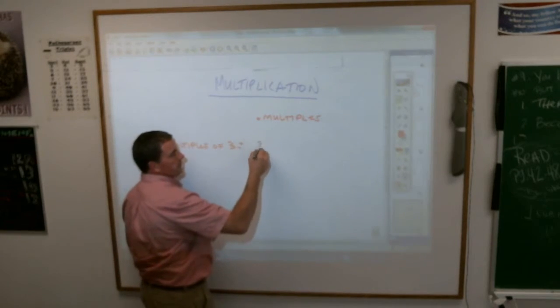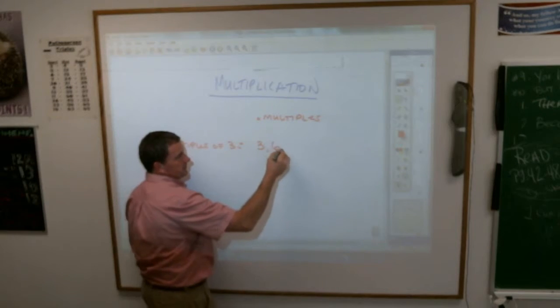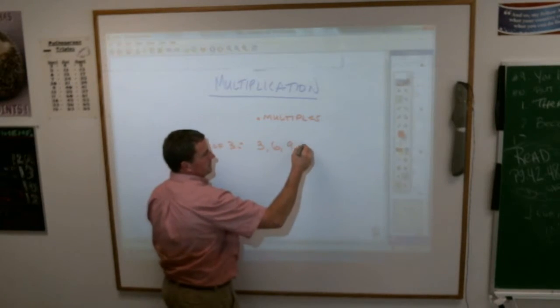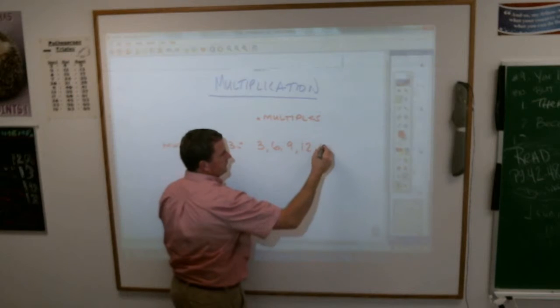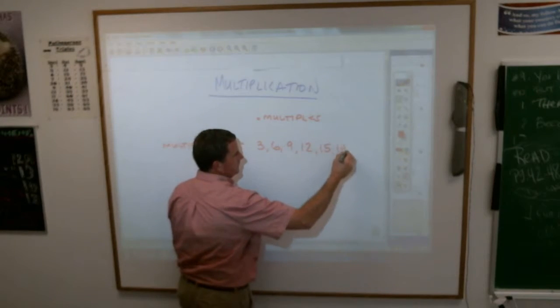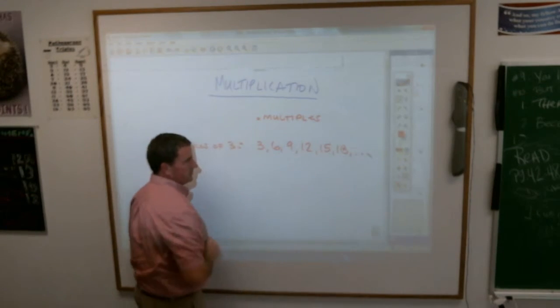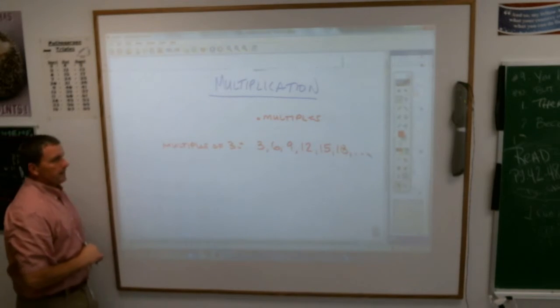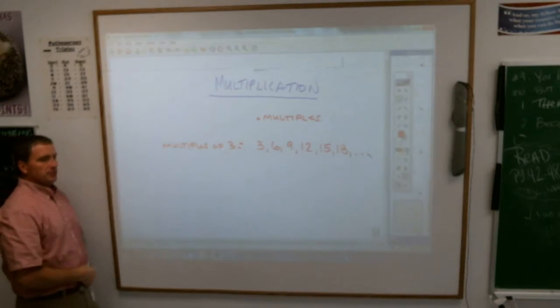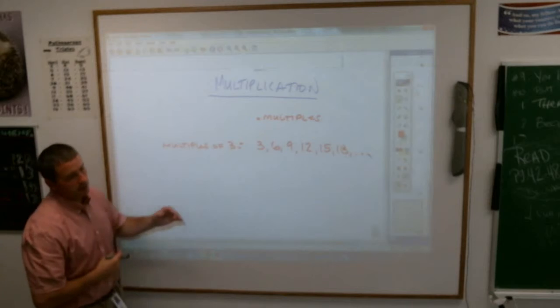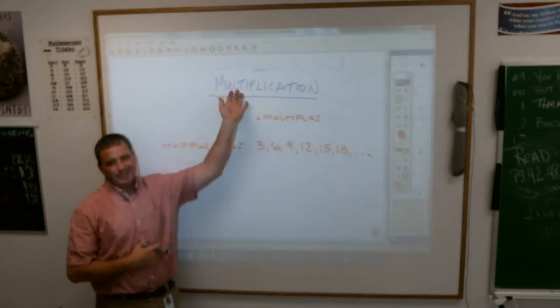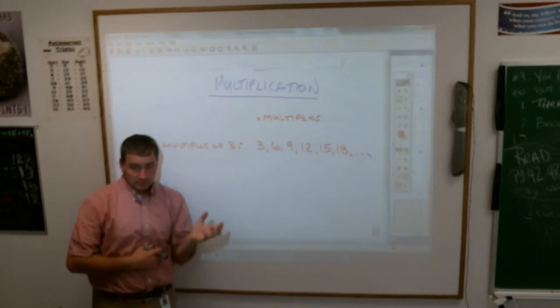So multiples of 3 are 3, 6, 9, 12, 15, 18, and it would go on forever and ever in that direction. Okay? But multiples are also part of multiplication in that it's really your multiplication table.